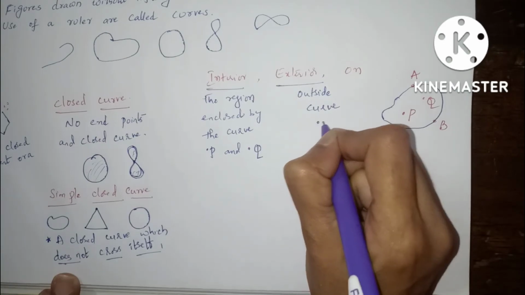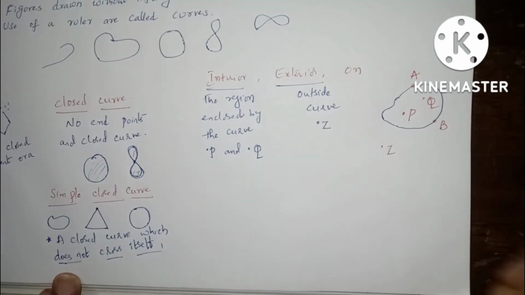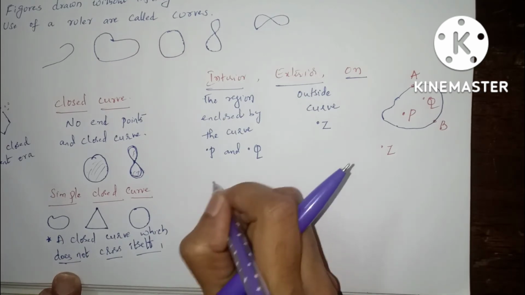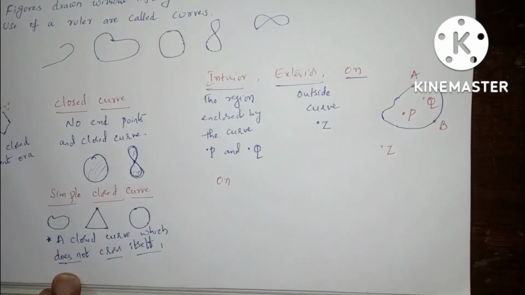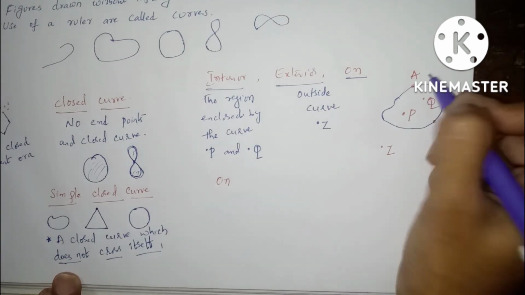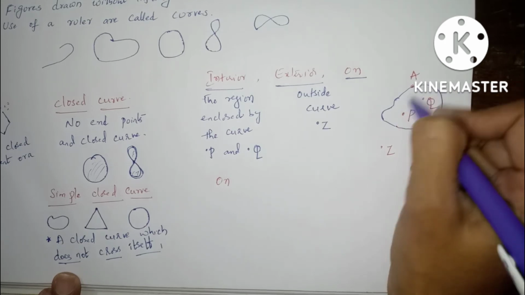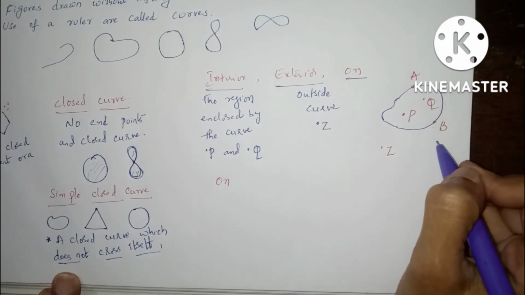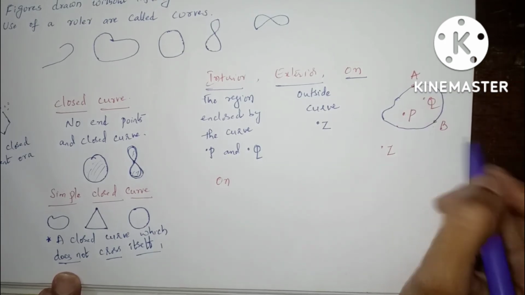Here only point Z is exterior. Then what is on? The name indicates that on means lying on the boundary. It is lying on the curve. Here point A is on the curve and point B is also on the curve.